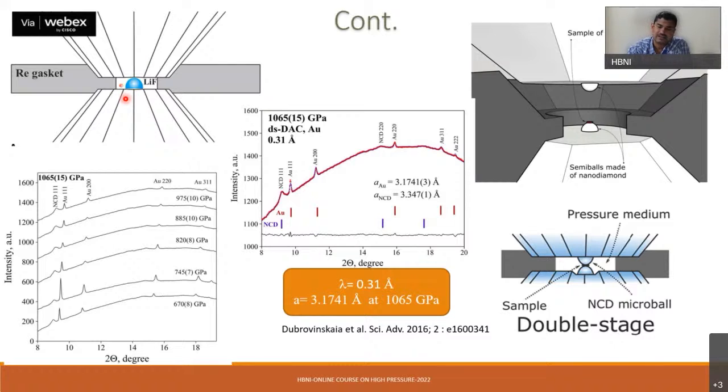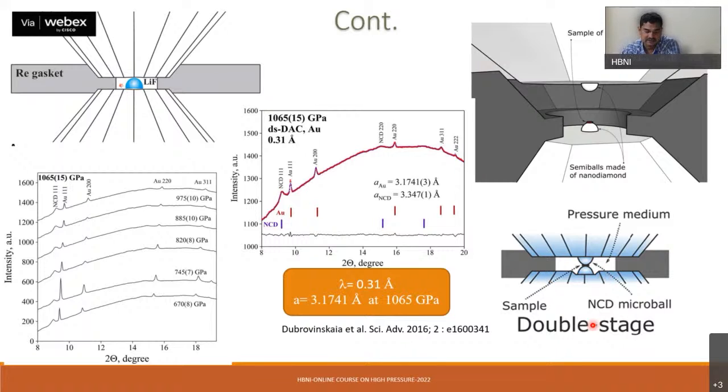But in recent advancements, they have made special gaskets, and in those gaskets they stick spherical nanocrystalline diamonds on both sides of the gasket, and then they sandwich this assembly of gasket and nanocrystalline balls in the primary anvils.